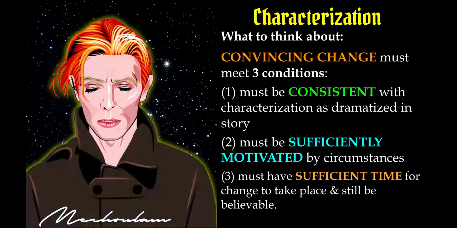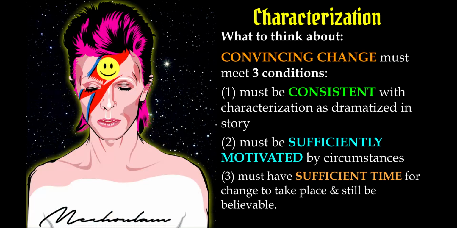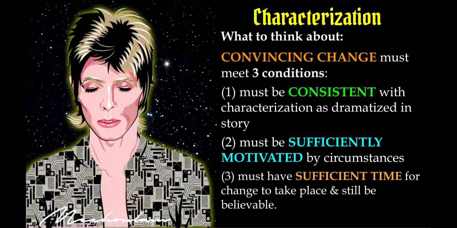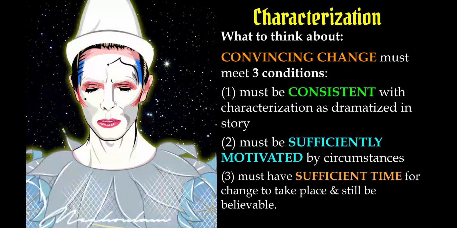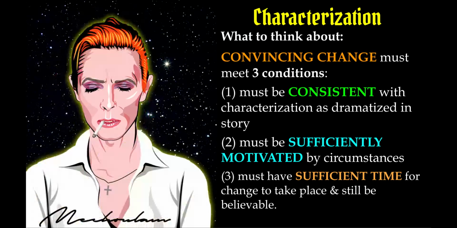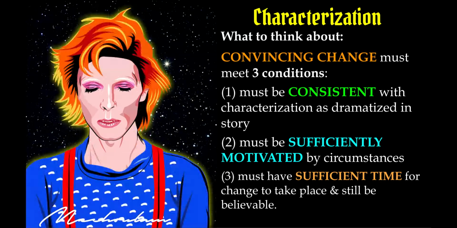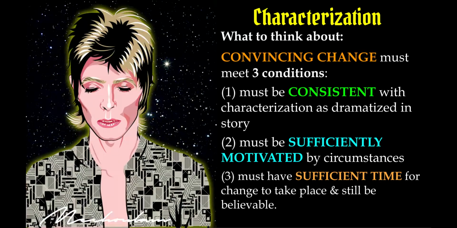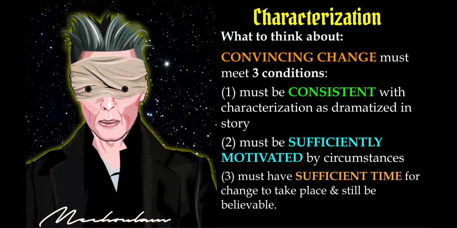It needs to be sufficiently motivated. It needs to make sense, like why they had that change. If they just change out of nowhere, it's hard to find what the meaning could possibly be from the story. And it needs to have enough time for it to be believable and for it to have that verisimilitude, that believability.